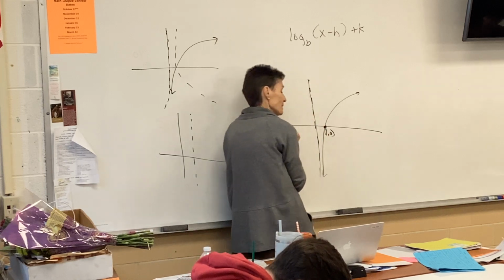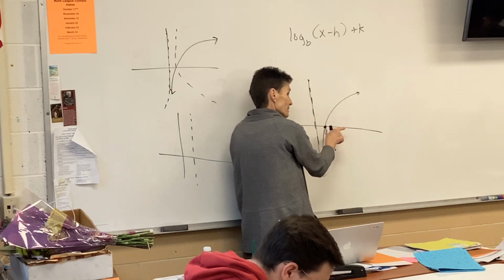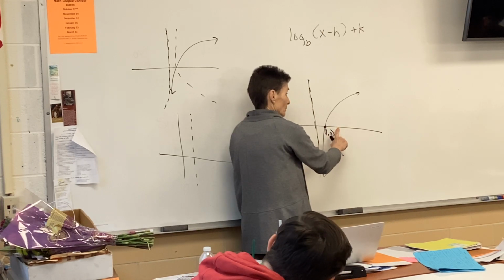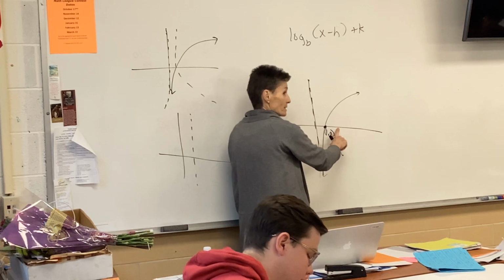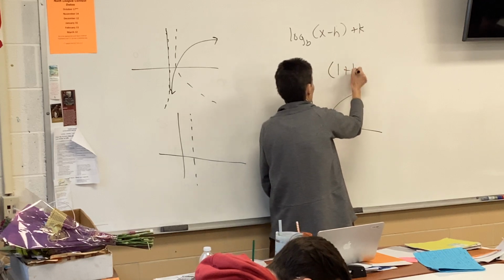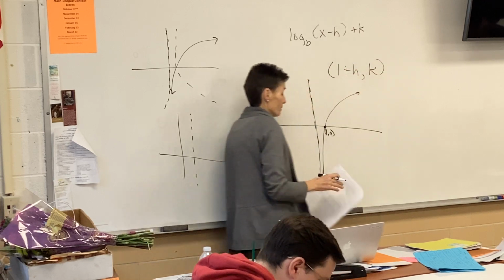So where am I gonna be if I go H to the right? What will my X be? H plus 1. And then K units up would be K. So 1 plus H and K.